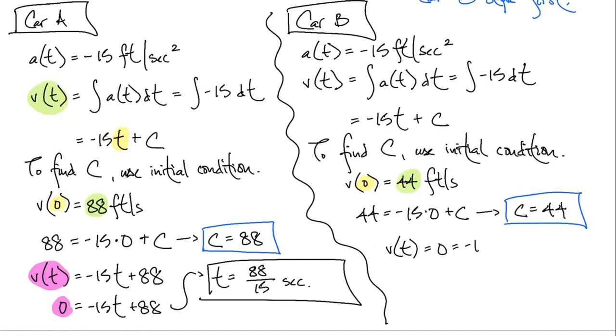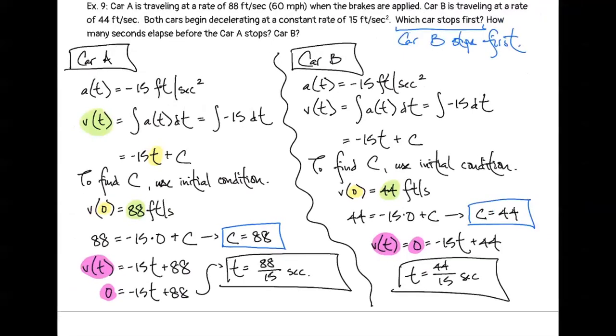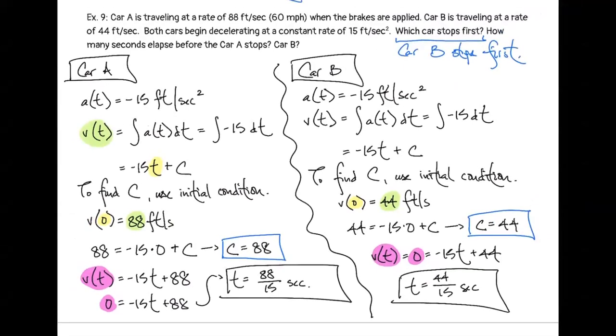So we'll have negative 15t plus 44, because again, this is talking about when the velocity is 0, or when the car is not moving anymore. When we solve for t, we'll get 44 over 15 seconds. So we can see now that car B does in fact stop first. It only takes car B about 3 seconds to stop, whereas it takes car A maybe closer to 6 seconds to stop.